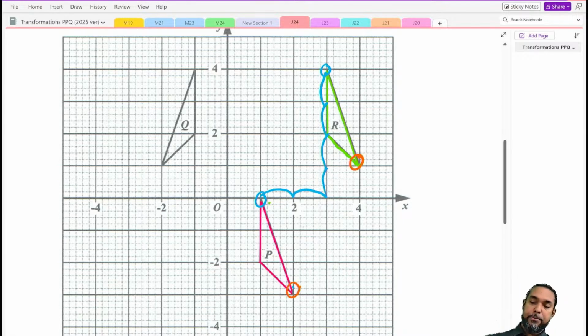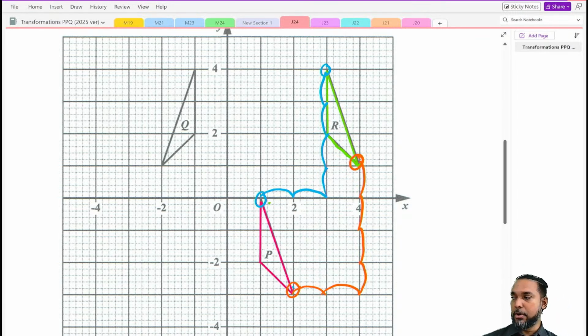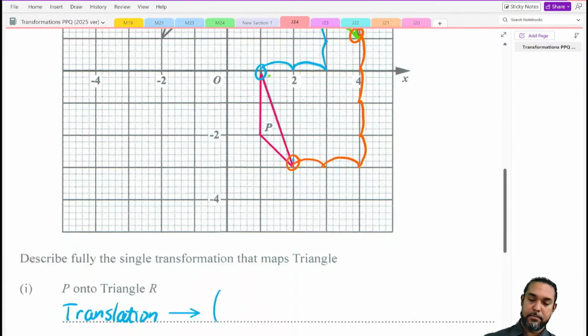Right, so to get from the first orange point to the second one, horizontally, we'd have to shift 1, 2 spaces till we ended up directly underneath. And then we'd have to shift up 1, 2, 3, 4 spaces, right? So that would give us the translation vector, 2 horizontally and then 4 vertically.